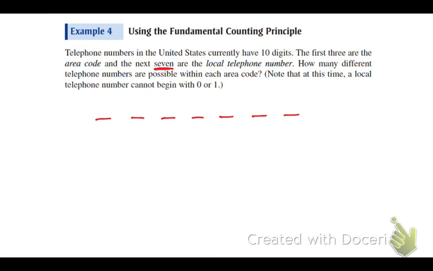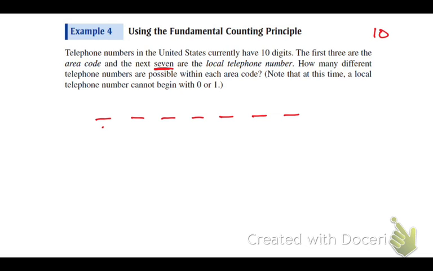Okay, so let's see. How many choices of numbers do I have for the very first one? 9. It's everything but 0 or 1. Well, what digits do I have? You have 0, 1, 2, 3, 4, 5, 6, 7, 8, 9. So there's actually 10 numbers between 0 and 9, yes?